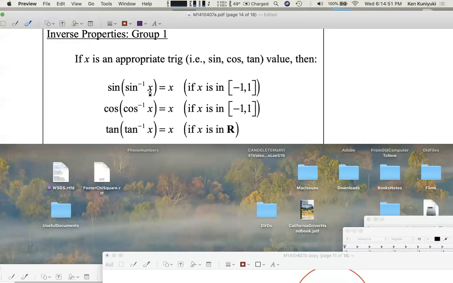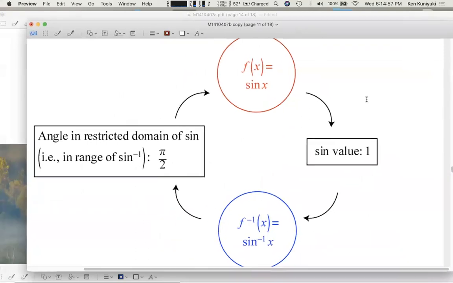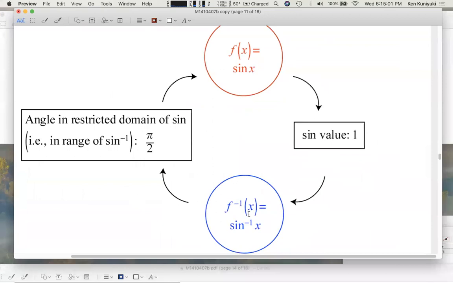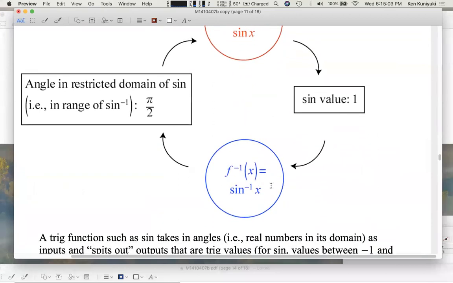As an example, what if we put a 1 here? I claim that you get 1 as an output. We can see that in the picture we saw earlier. Here's the inverse sine function, down here in blue. If you input a value of 1, that's a sine value, the output will be pi over 2, because the inverse sine of 1 is pi over 2.